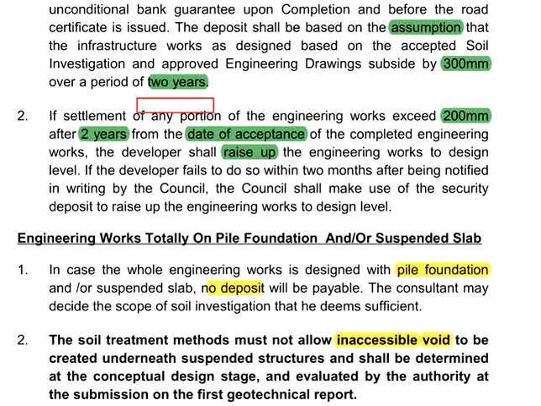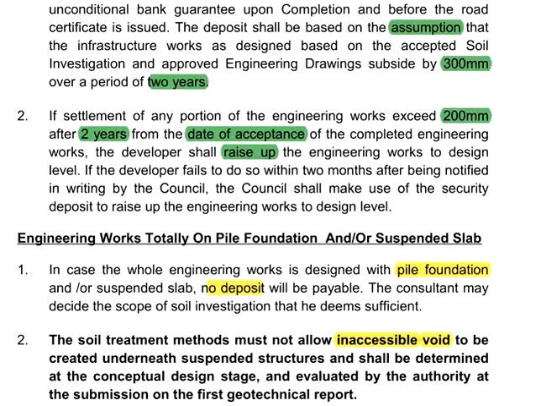Now, in case any portions of the engineering works exceed 200 mm after 2 years from the date of acceptance of the completed engineering works, the developer will have to raise up the engineering works to the design level. It is like the liability of the developer, who should ensure there is no excessive settlement by doing proper ground treatment.